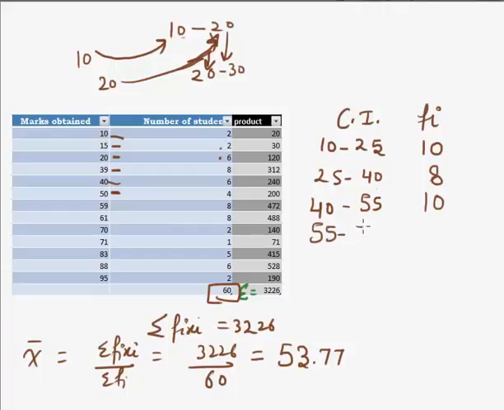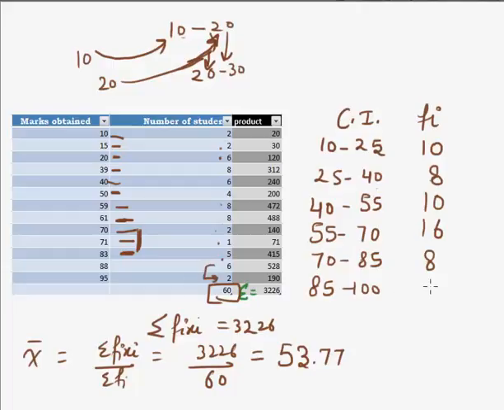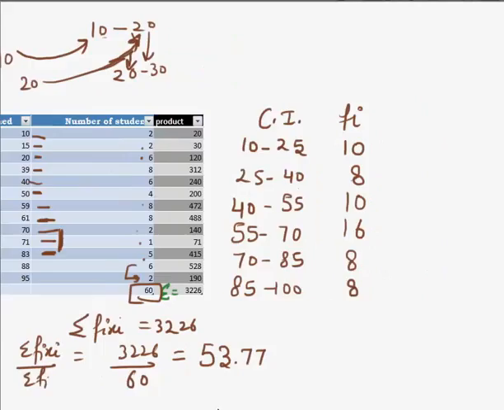Similarly, for 55 to 70 we will have these two observations, that is 8 plus 8 or 16. 70 to 85 will include these three observations, that is 2 plus 1 plus 5 or 8. Similarly, the last interval 85 to 100 will have observations 6 and 2, that is 8.